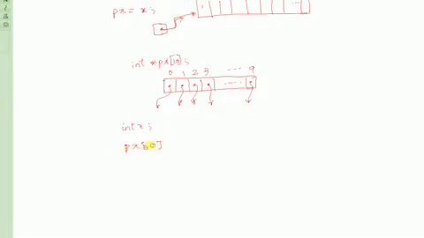Remember, px is an array, so you have to specify which element you are talking about. So px[0] is equal to the address of x. If you do that, then x represents an integer somewhere in the memory, and px[0], which is this element here, will then be pointing to x.